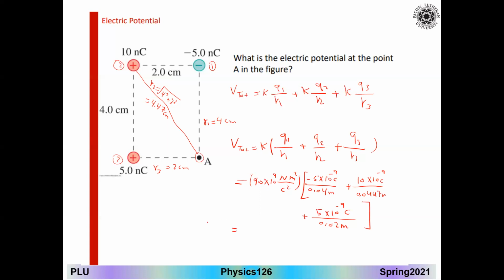So the addition of those three values ends up with 3,200 volts.